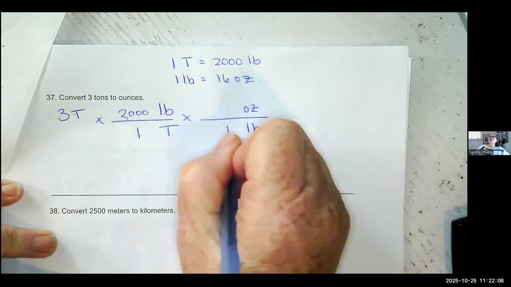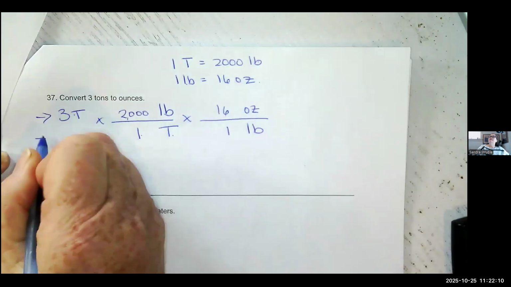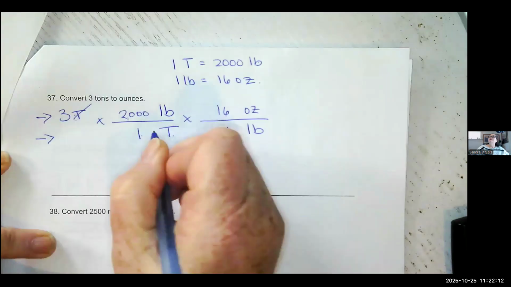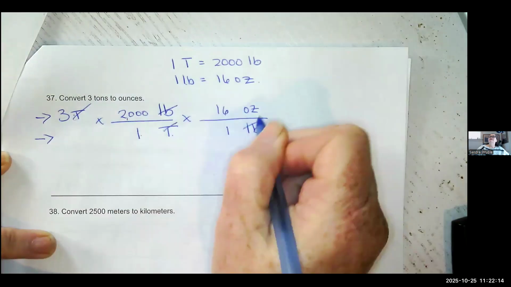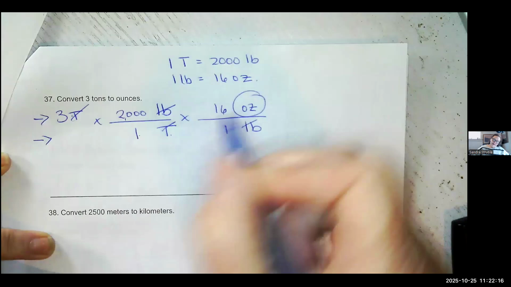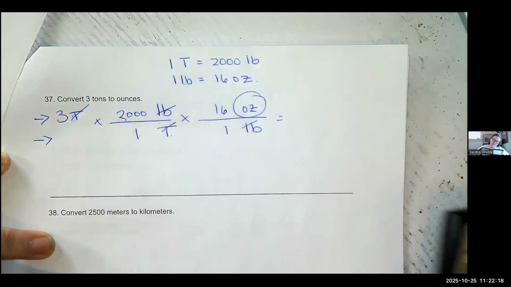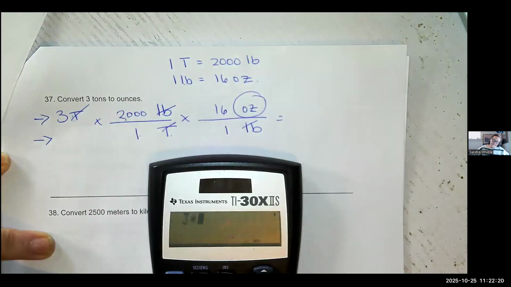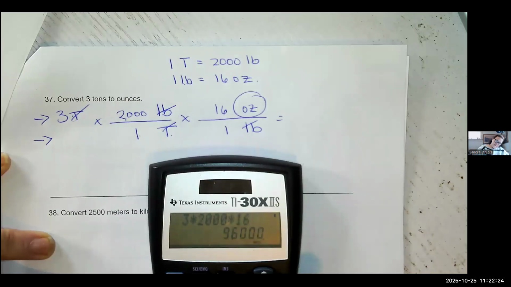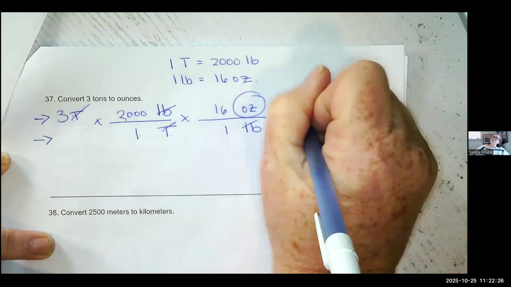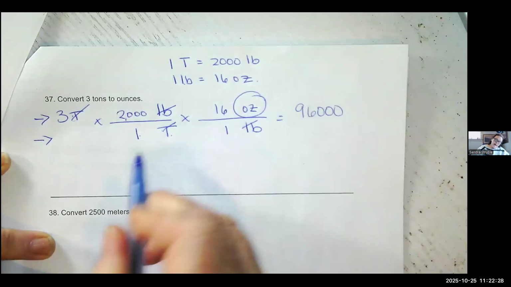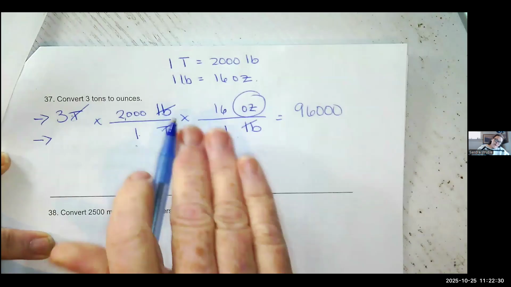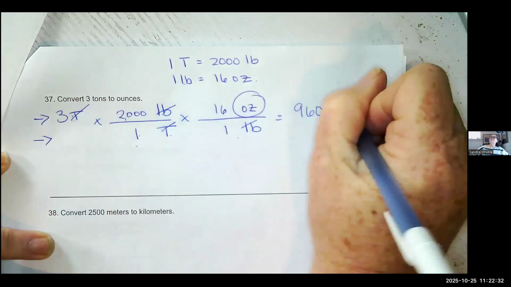Multiplying straight across. My tons are gone. My pounds are gone. I'm left with ounces. Fantastic. Now I'm going to multiply. 3 times 2,000 times 16 is 96,000. Everything in the bottom is ones, so I don't need to worry about that. And I need to make sure I put my ounces in there for my unit.